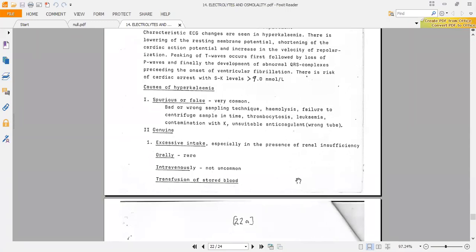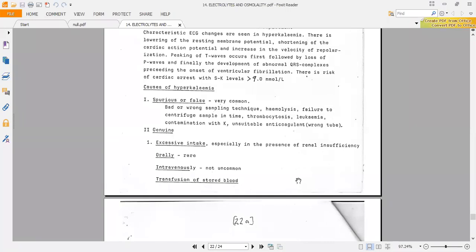So if there is hemolysis, the red blood cell is going to release its potassium into the sample you've taken. When you measure it, you assume this person has hyperkalemia, but it was a result of a faulty method of taking the blood sample.